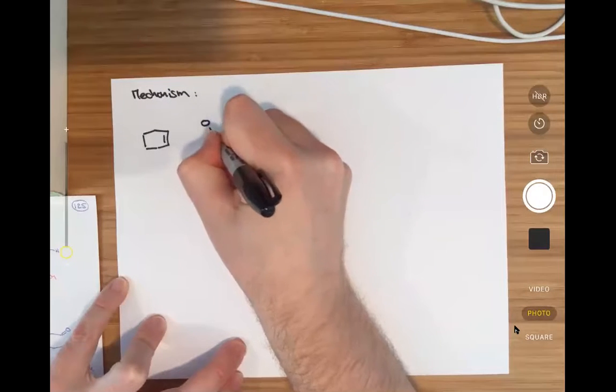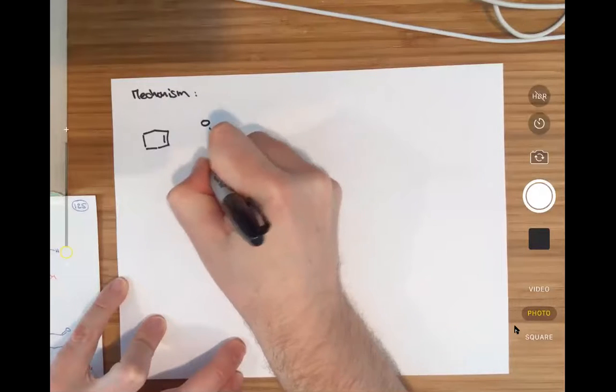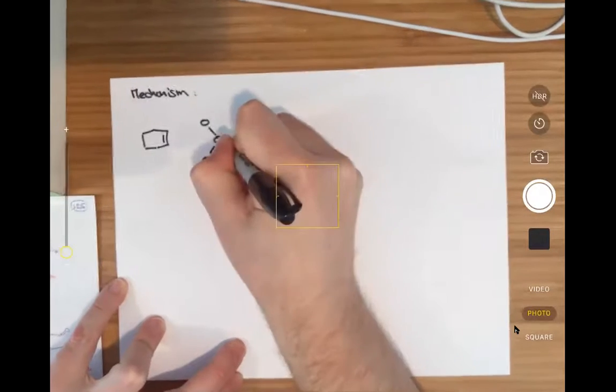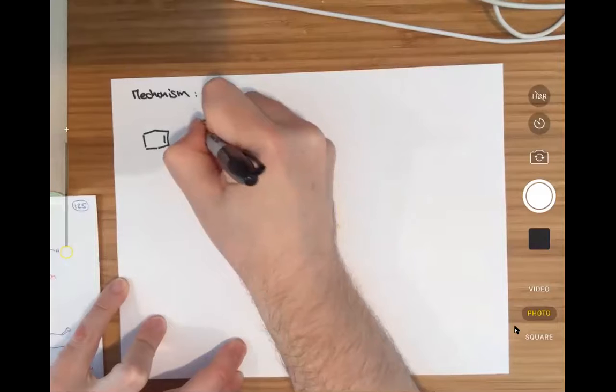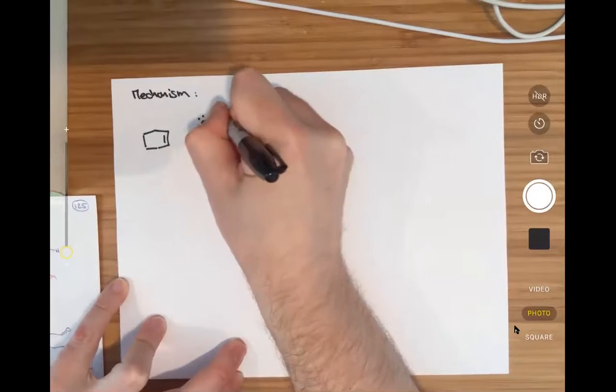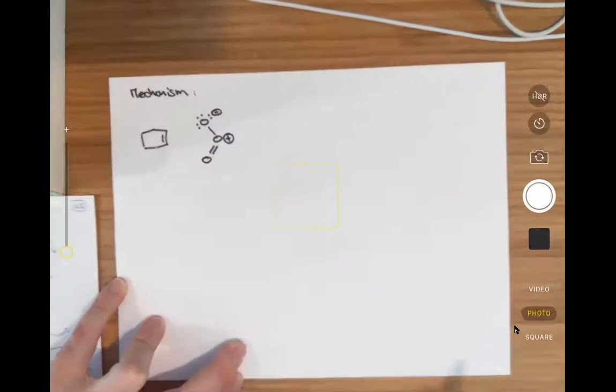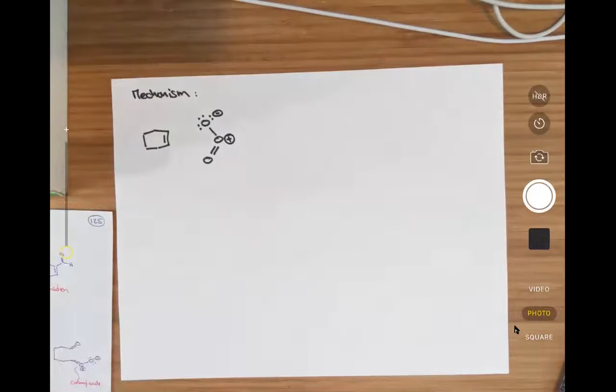Ozone looks like this. Positive charge here and negative charge here. So it's a 1,3 dipole, one of these bent 1,3 dipoles that we have talked about previously.